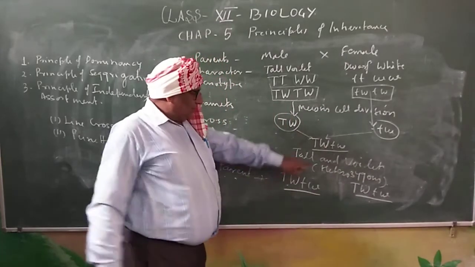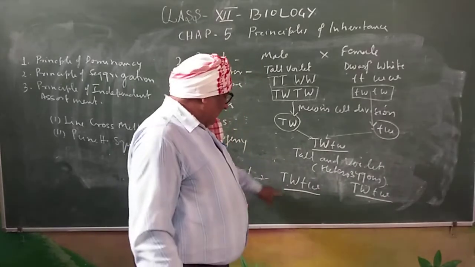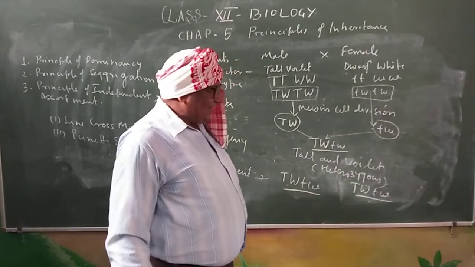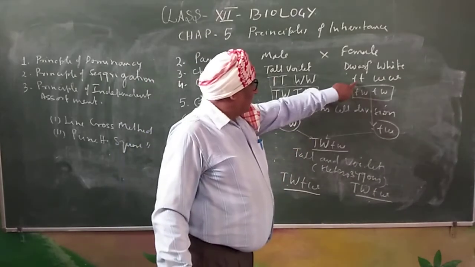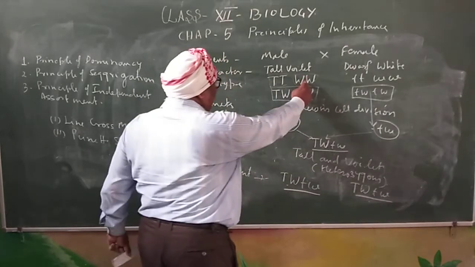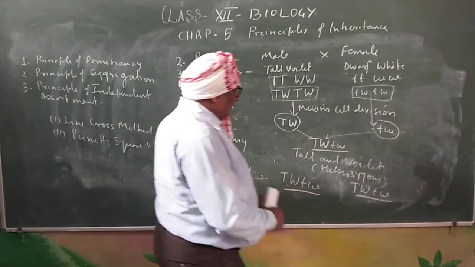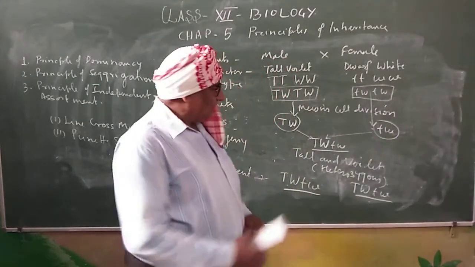They represent the heterozygous condition. Why? They have contrasting forms of their alleles. Allele capital T has its small t as the contrasting form. Similarly, violet W has its allele in the form of small w, which represents the contrasting form.